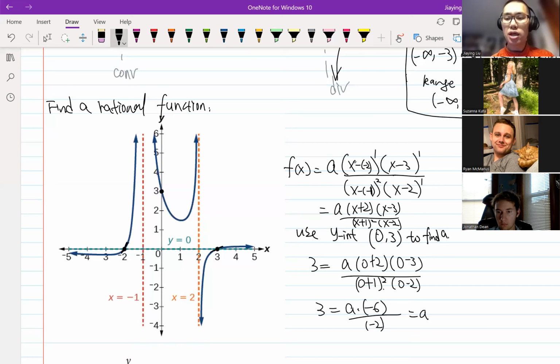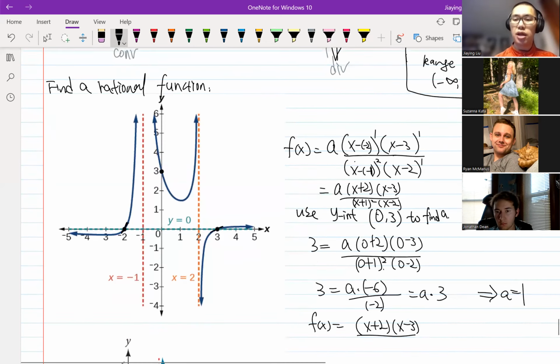So we get a times 3, so a equals 1. So I get f of x equals (x plus 2)(x minus 3) over (x plus 1) squared times (x minus 2).